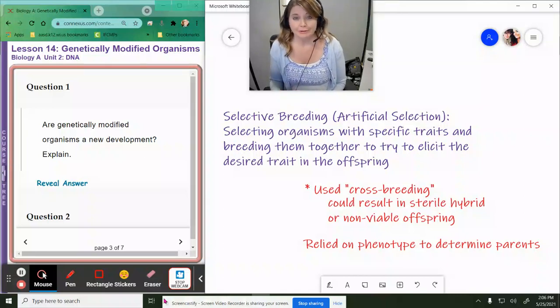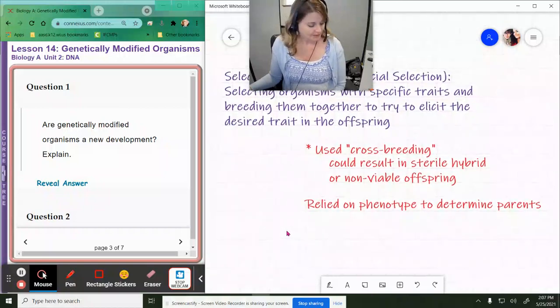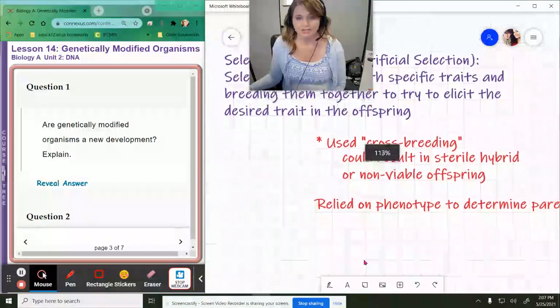So even though it might look like, oh hey, there's a zebra and there's a horse and they're very similar, let's mate them and see what happens, just because they look similar to one another doesn't mean that you're going to get a viable, fertile offspring when you mate them. So there was poorly understood genetics and a lot of trial and error that oftentimes led to a lot of dead ends, sometimes literally with a non-viable offspring. Our modern methods of GMOs are better, a result of better understood genes and genetics.